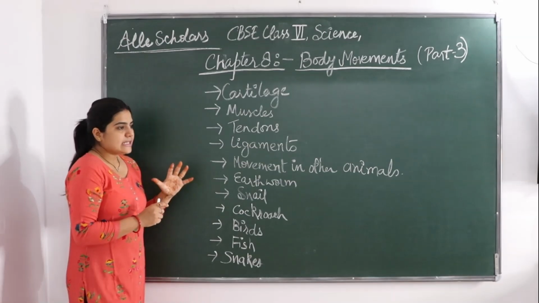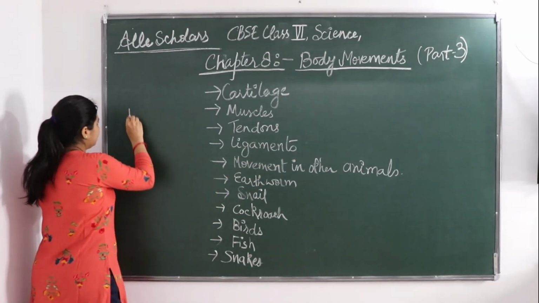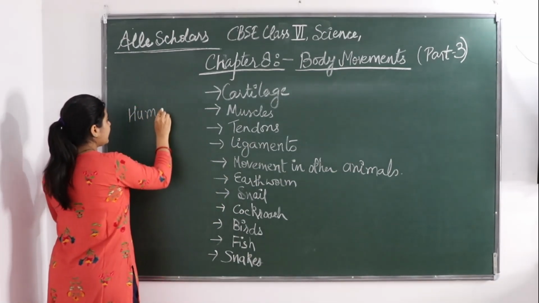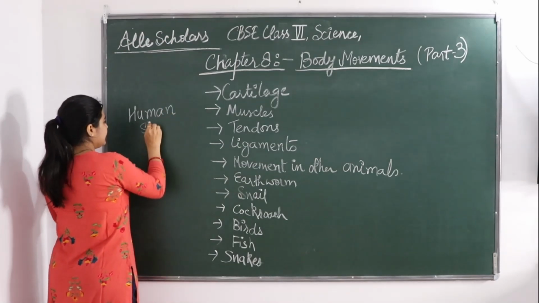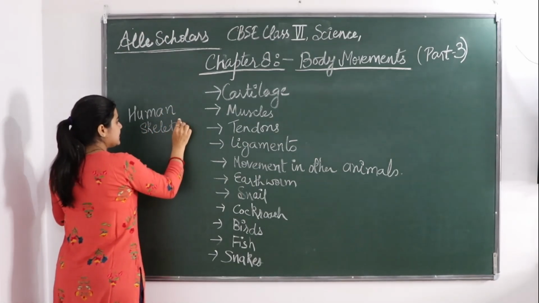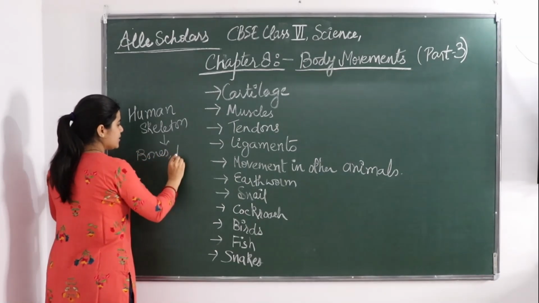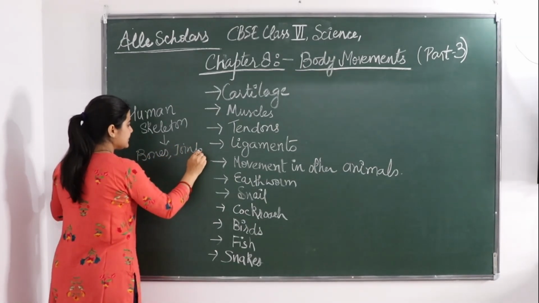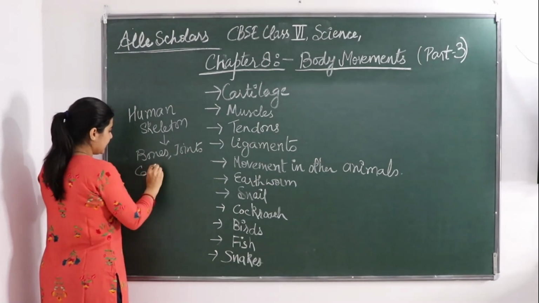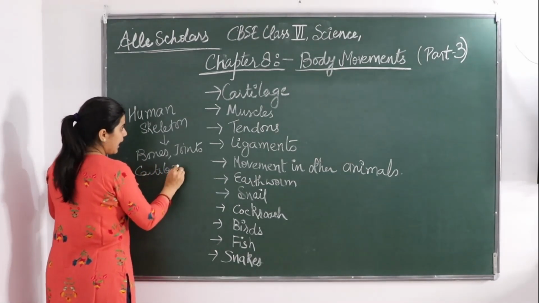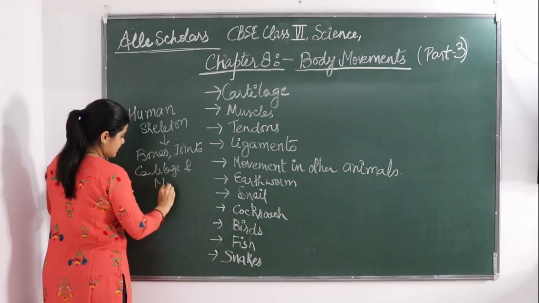Now the human skeleton is made up of bones, joints, cartilage and muscles.